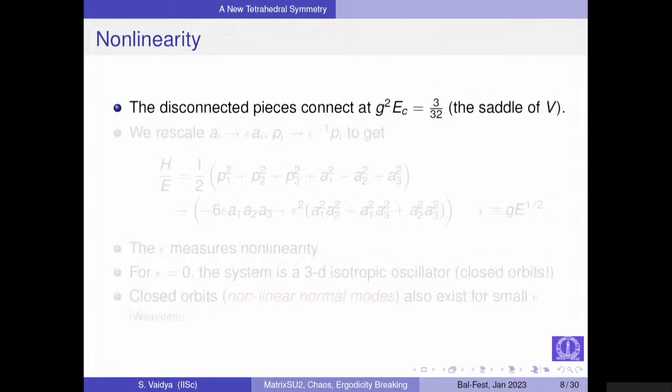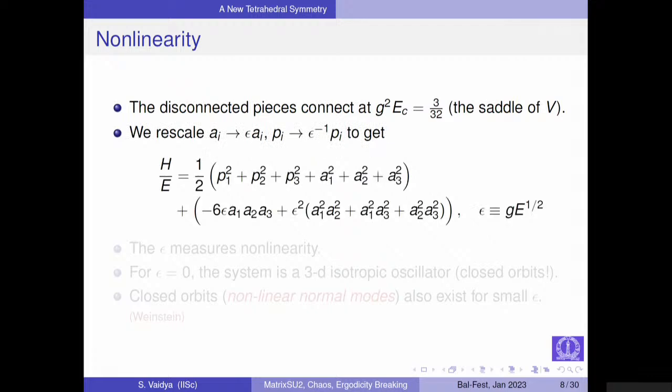Okay. So like I said, the disconnected pieces connect up at some critical energy. That's the saddle of V. So I'm going to rescale my A's and P's and then work in terms of this dimensionless Hamiltonian, where my epsilon is g times E to the half.